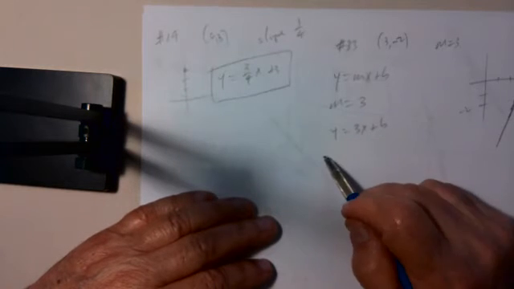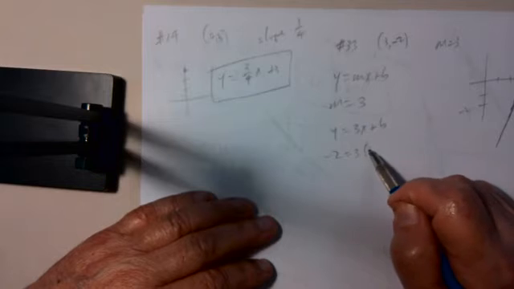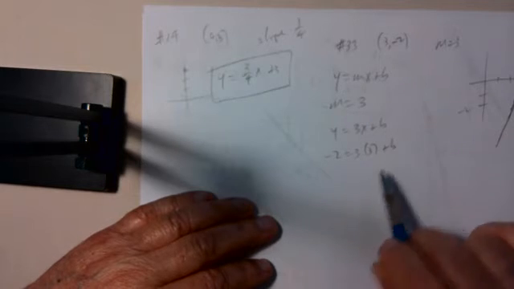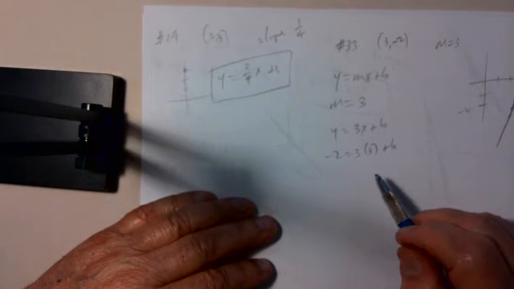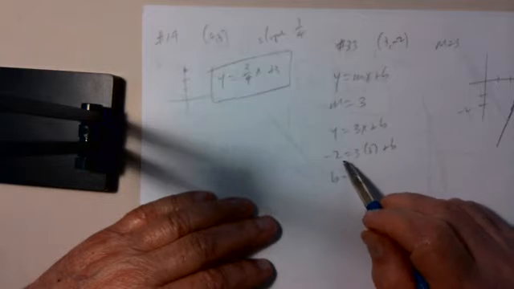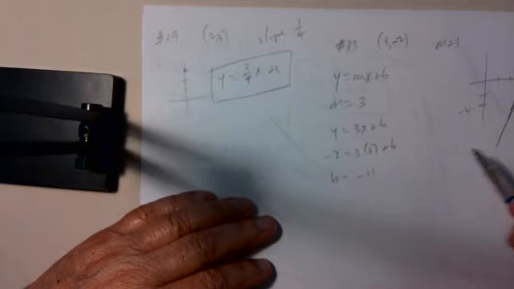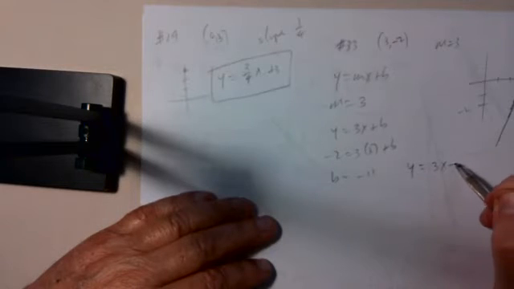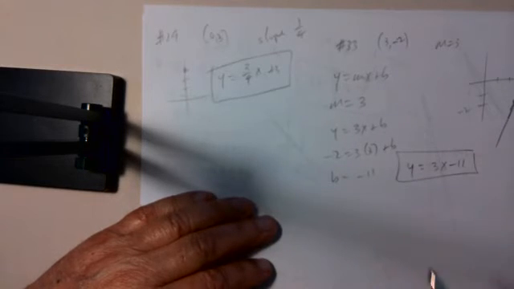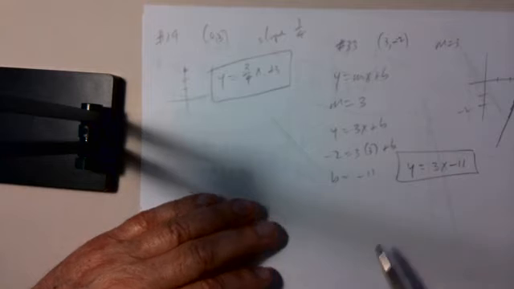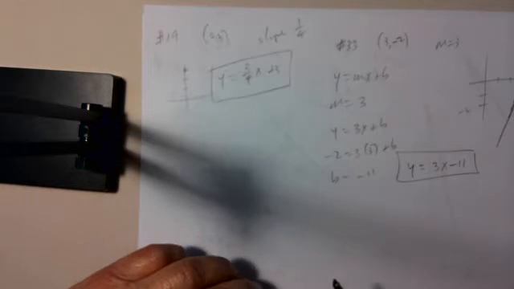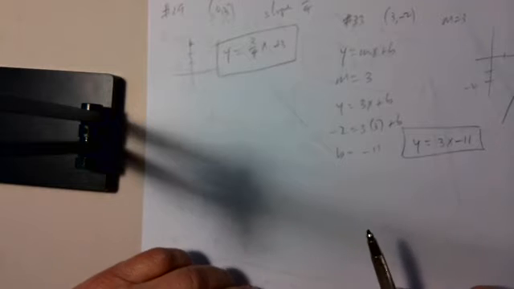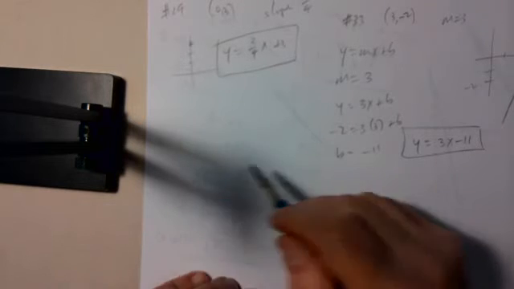So y is minus 2 when x is 3. So b satisfies this equation. b is equal to minus 2 minus 9, minus 11. So this equation is y equals 3x minus 11. So that's one way to solve the problem.